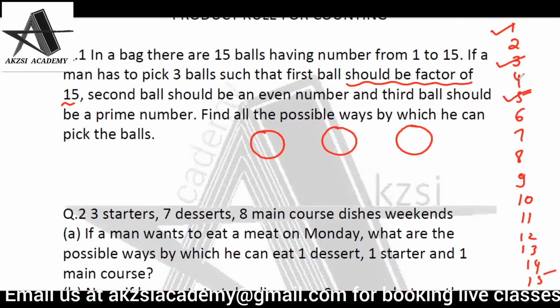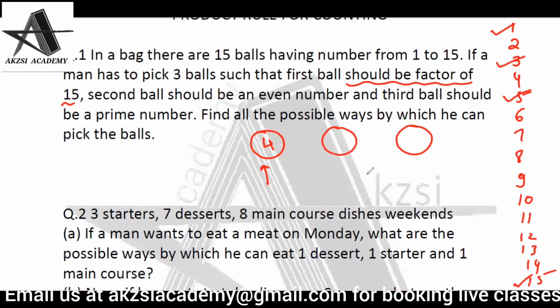Not 6, 7, 8, 10, 11, 12, 13. And 15 can. So the factors of 15 are 1, 3, 5, and 15. 4 factors are there, so I can fill it in 4 ways, because other than that I can't fill it. They are asking that it should be a factor of 15, so I can fill only these 4 numbers in it.